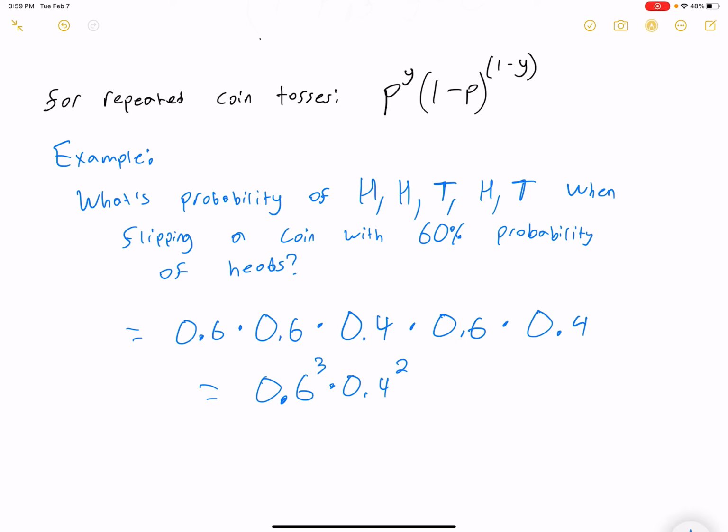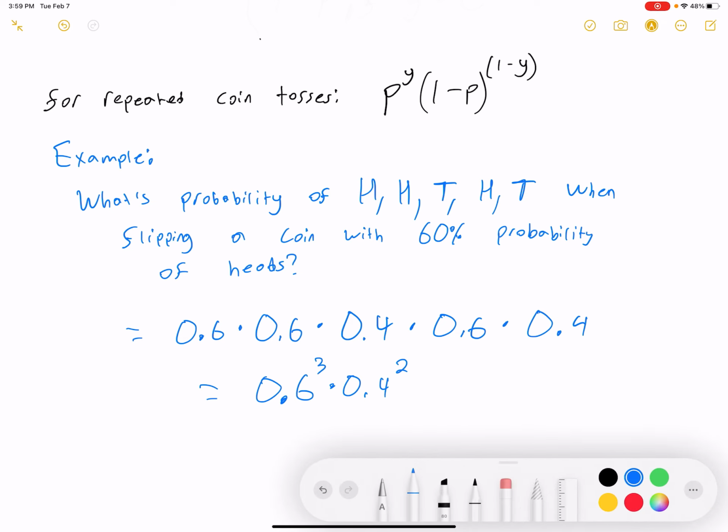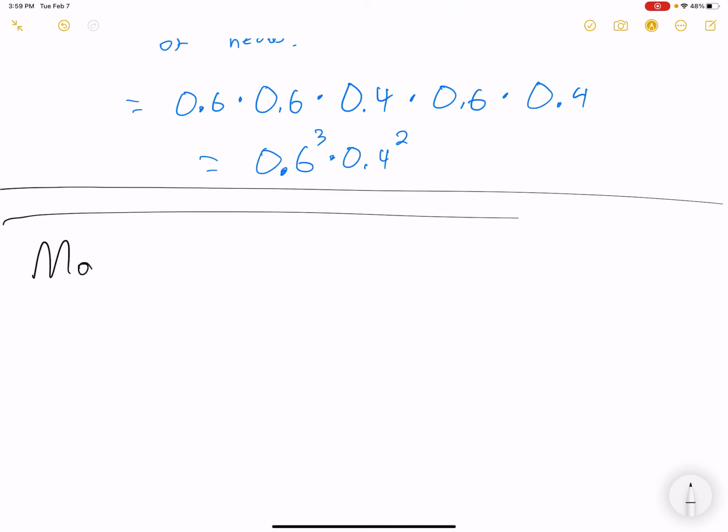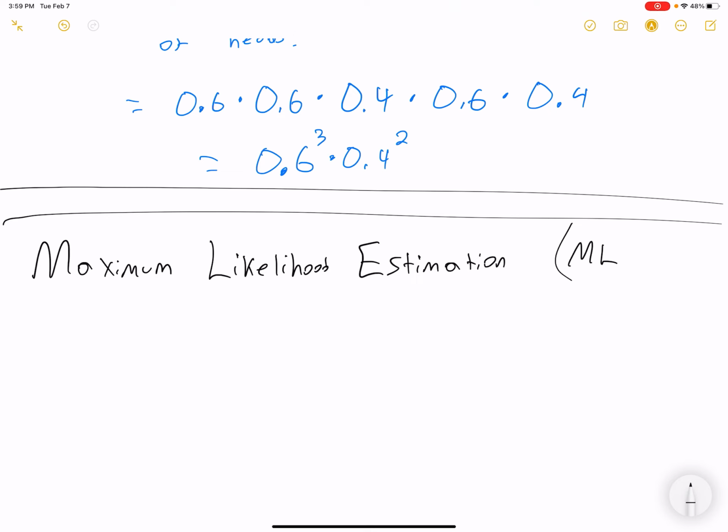But one reason I wanted to cover these distributions is to motivate a technique called maximum likelihood estimation, often abbreviated as MLE.